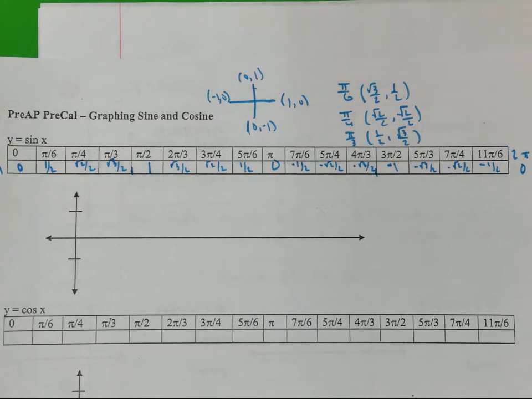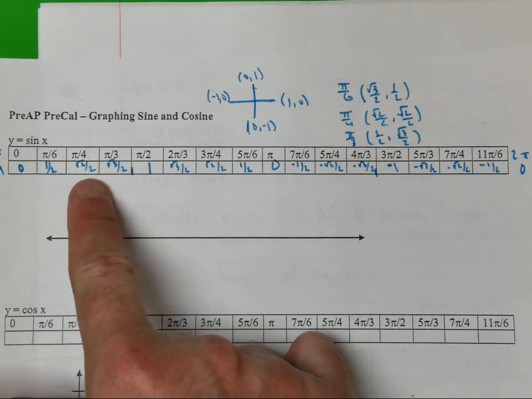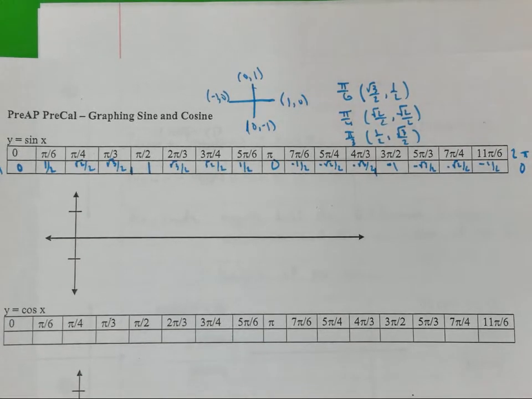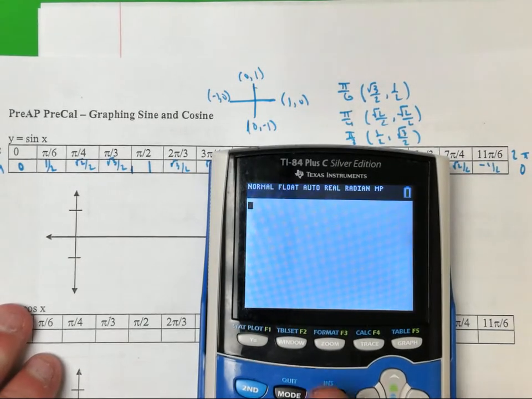You said, Mr. Esther, I don't know how to graph square root of 2 over 2 and square root of 3 over 2. I want you to get your calculator up there and get a decimal approximation. Alright, so let's get a decimal approximation.